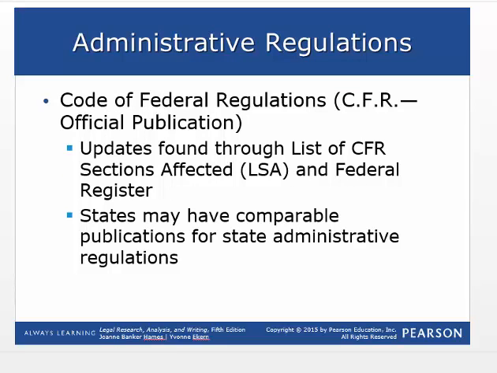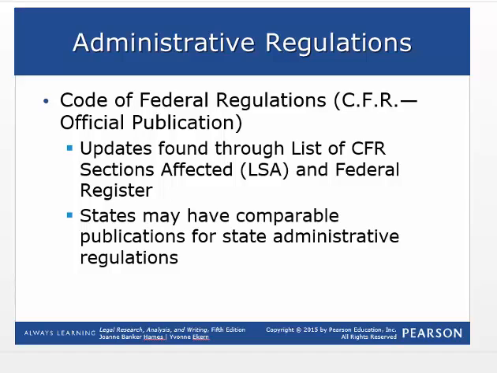In addition, other enacted law are administrative regulations. Now, administrative regs come into being very differently. They're not exactly voted on. An administrative agency like the EPA or OSHA or the Food and Drug Administration will propose a rule change, publish it in the Federal Register.